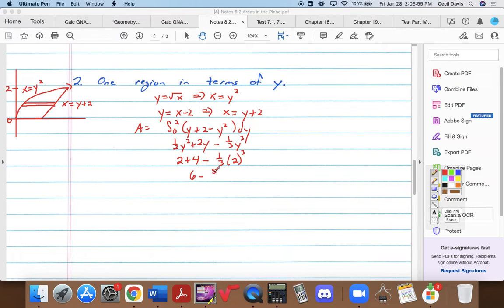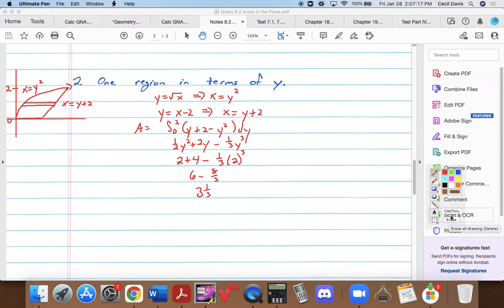So that's 6 minus 8/3. I did something wrong on the previous one, apparently, because this isn't going to come out to be that at all. That's 2 2/3, so this is 3 1/3. I believe that's the correct answer.